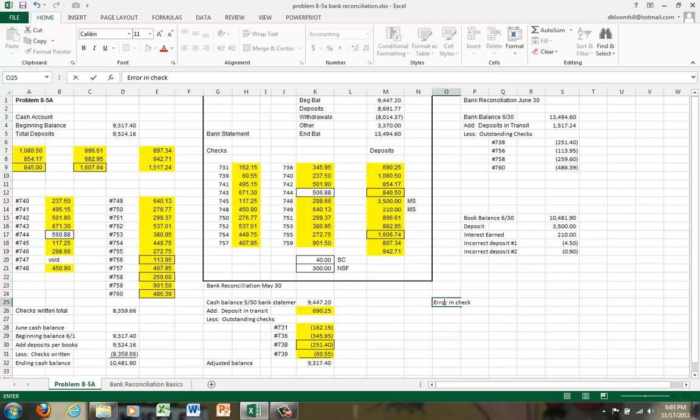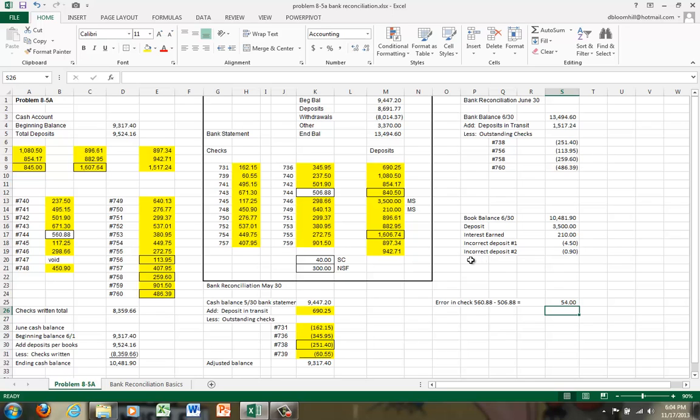We're going to take the difference between $560.88 and $506.88, which is $54. So we have to adjust the book balance by $54.